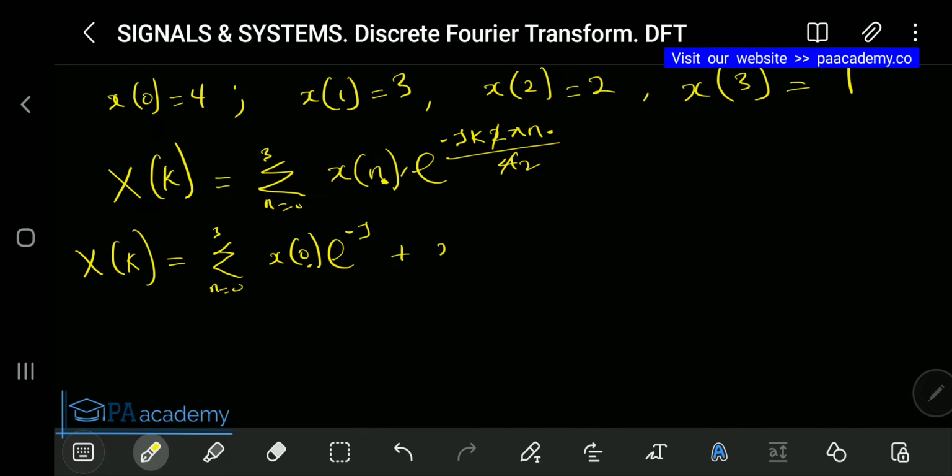x of 1 exponential. Now this particular n here is now 1. So if this n is 1, we are going to be having minus j multiplied by k multiplied by pi.